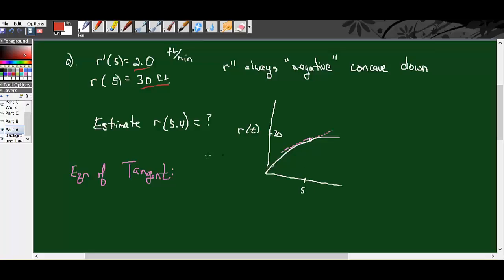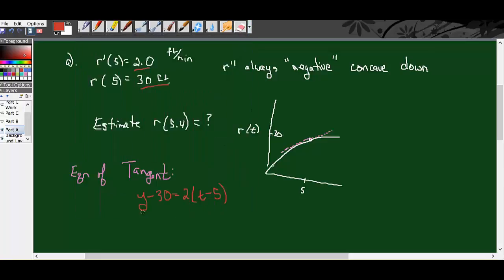Well, what's the equation of that tangent line? It's just going to be r minus 30 equals 2 times t minus 5, where y, I should really just call that radius.